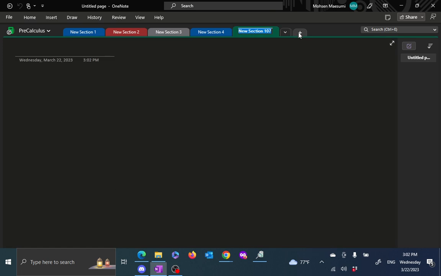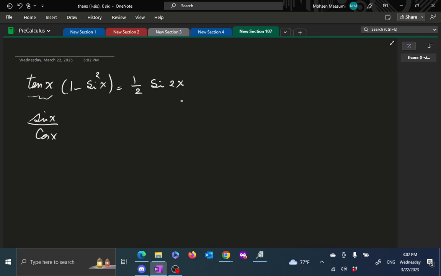So what we had there was tangent of x times 1 minus sine square of x is 1/2 sine of 2x, if I remember correctly. Well, for this one, we remember that tangent is sine of x over cosine of x. For this one, we remember that it is cosine square of x. We do algebra here and get sine of x, cosine of x.